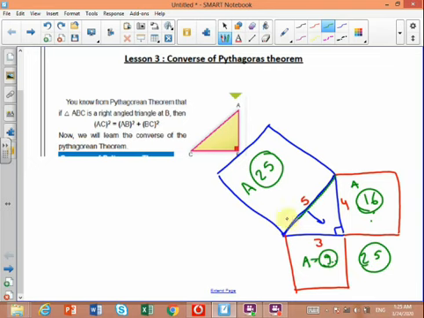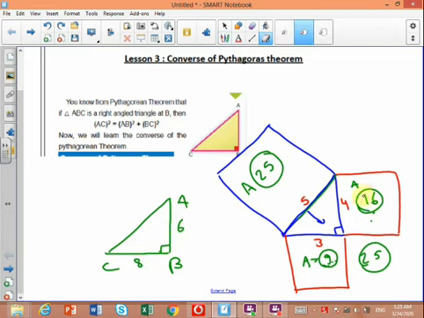But when we apply Pythagoras theorem in an exercise, if I have a triangle ABC with 90 degrees, and for example AB is 6 and BC is 8, find AC. We don't draw any squares.